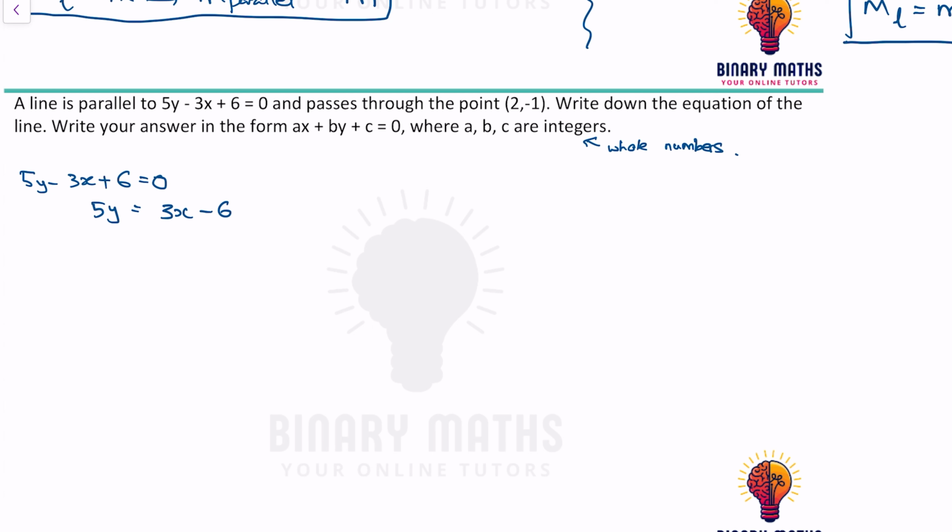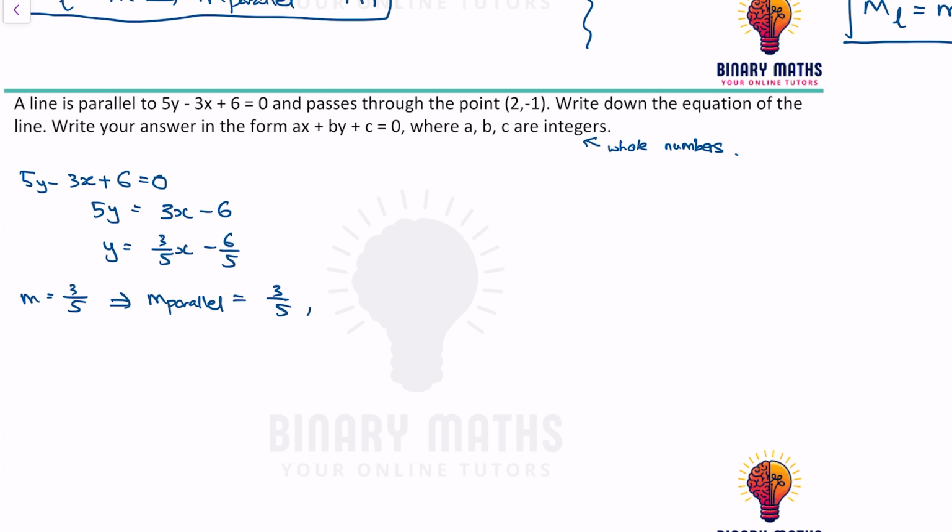Okay, I still need to write it in the form y equals mx plus c, so I need to divide by 5. So I get 3 over 5 x minus 6 over 5. So that means my gradient is equal to 3 over 5 because my coefficient of x is 3 over 5, which implies the gradient of my parallel line is equal to 3 over 5.